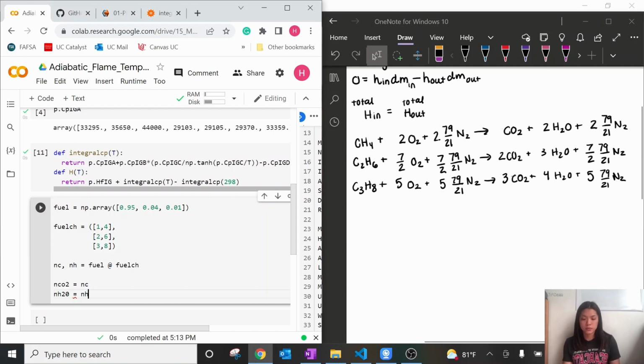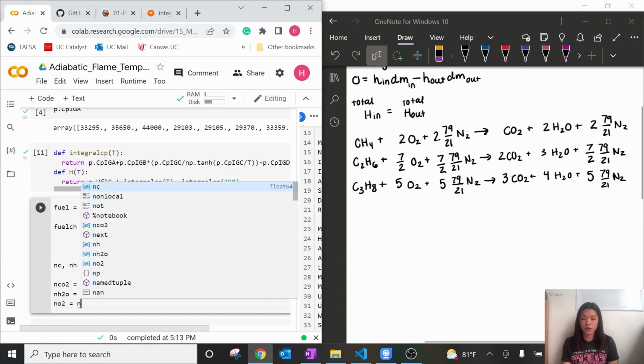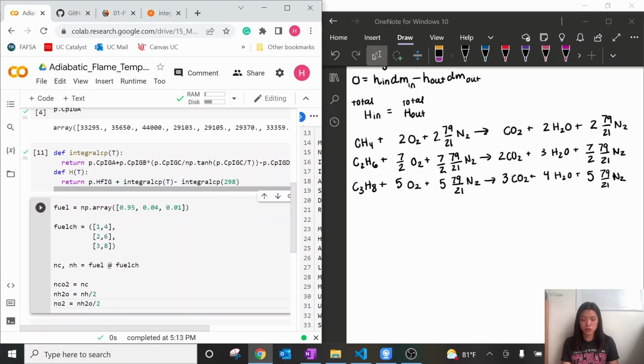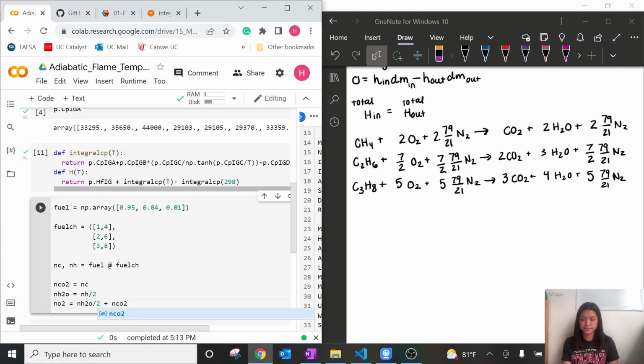Now if we take a look at the number of oxygens, that is equal to the moles of water divided by 2 plus the moles of carbon dioxide.